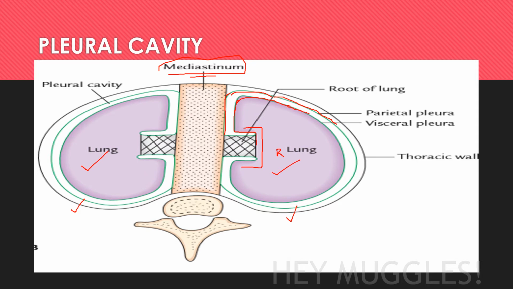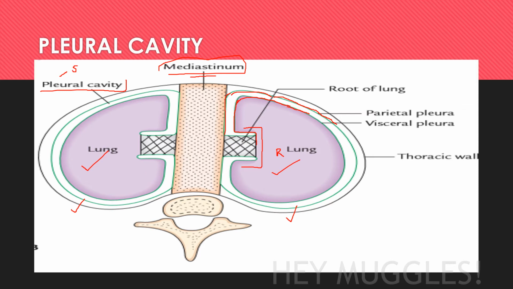Okay. So between the parietal and the visceral pleura, we have the pleural cavity, right? The pleural cavity is filled with a fluid that is known as serous fluid.